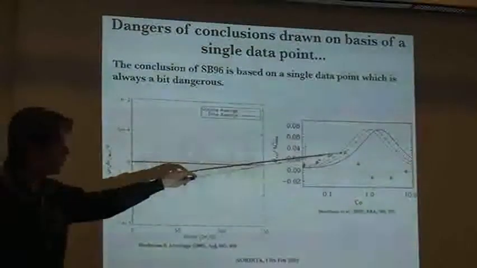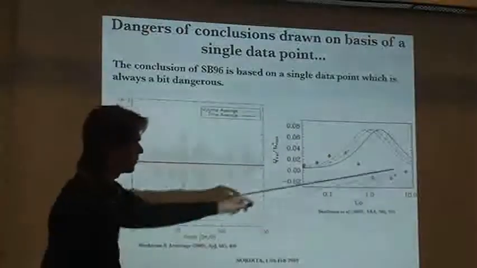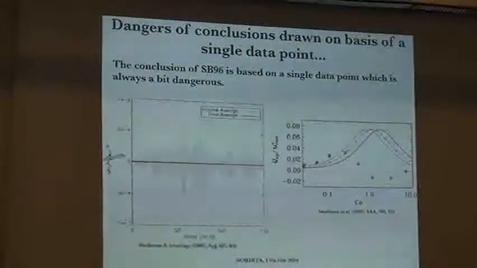Then we see that first it's positive, then it changes sign, then it's negative, and then it probably goes to 0 when you have rapid enough rotation. And actually it was not this paper, but another paper where we quoted this one, and we put the paper on the archive, and then the first author here contacted us, and he was totally dismayed, because they had done only 1 point, and then they draw very drastic conclusions from that.